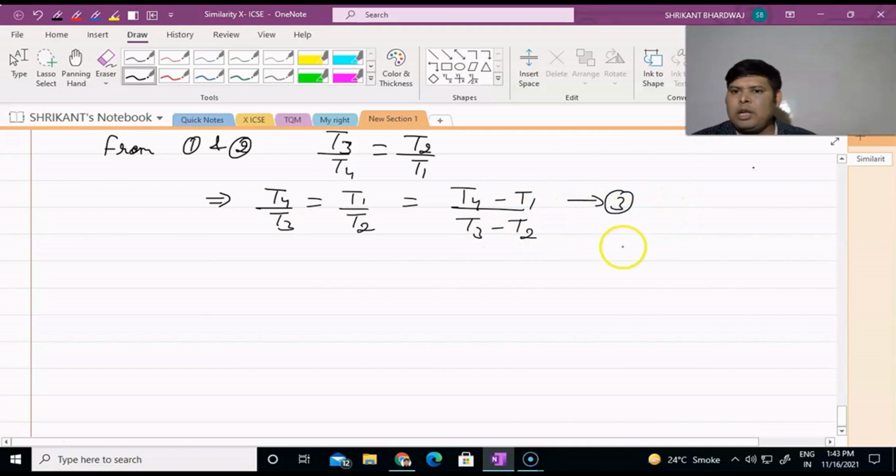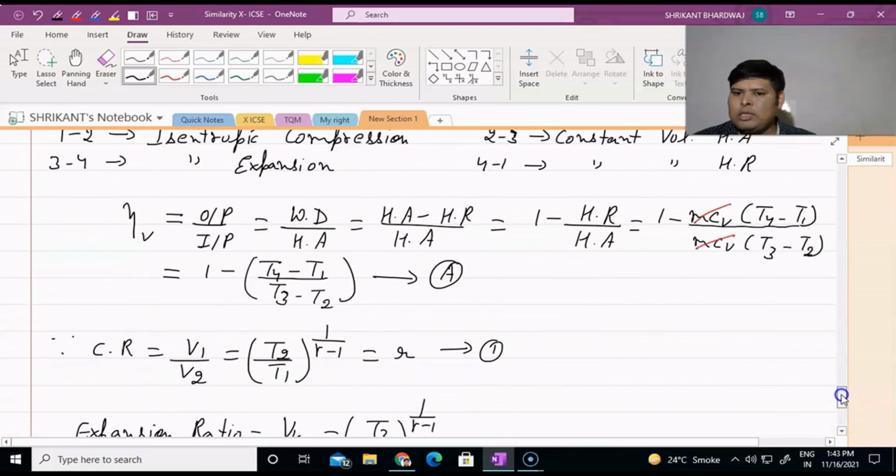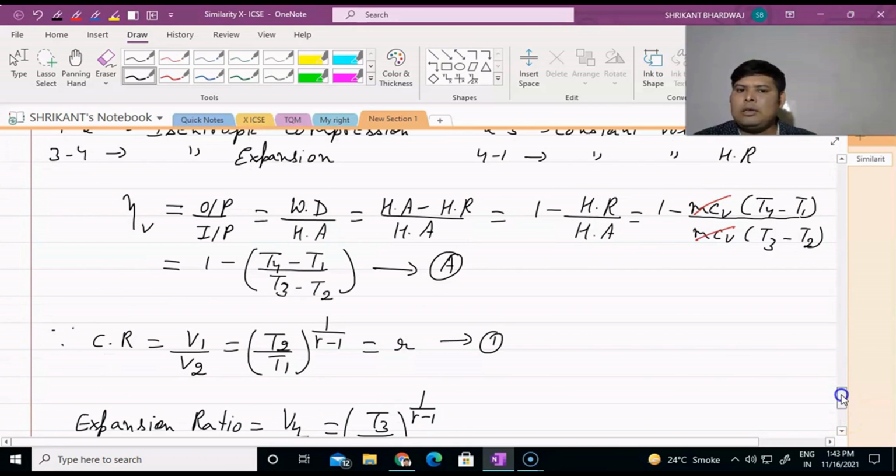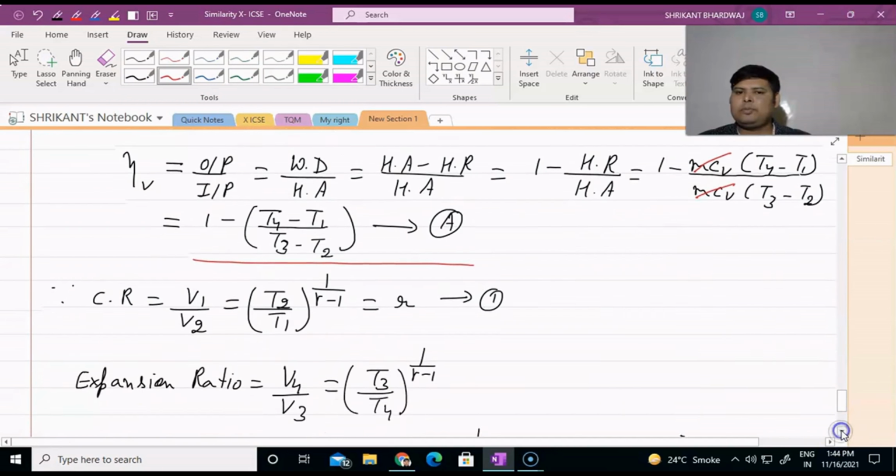Now putting this value from the third equation into equation A, efficiency of the Otto cycle is equal to 1 minus T4 minus T1 upon T3 minus T2.